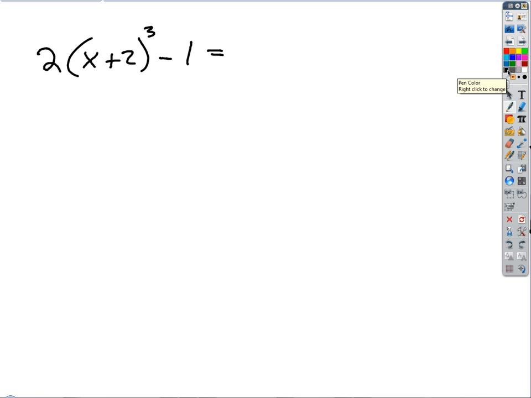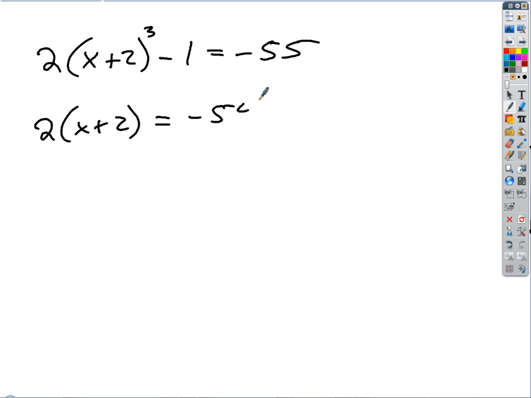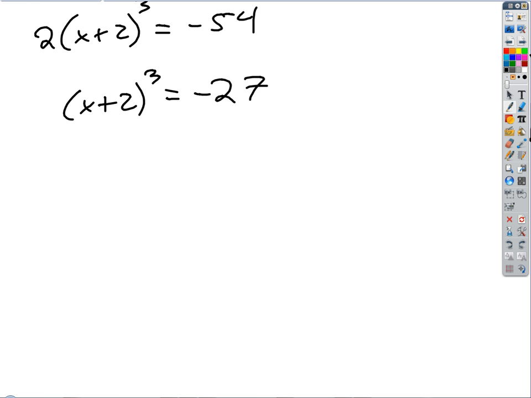Okay, what about this one? This little easier one. Let's say this equals negative 55. Okay, add 1. Now what? Divide by 2. Okay, now what? Cube root. Do I need a plus or minus? No, I don't, because it's odd. Good.